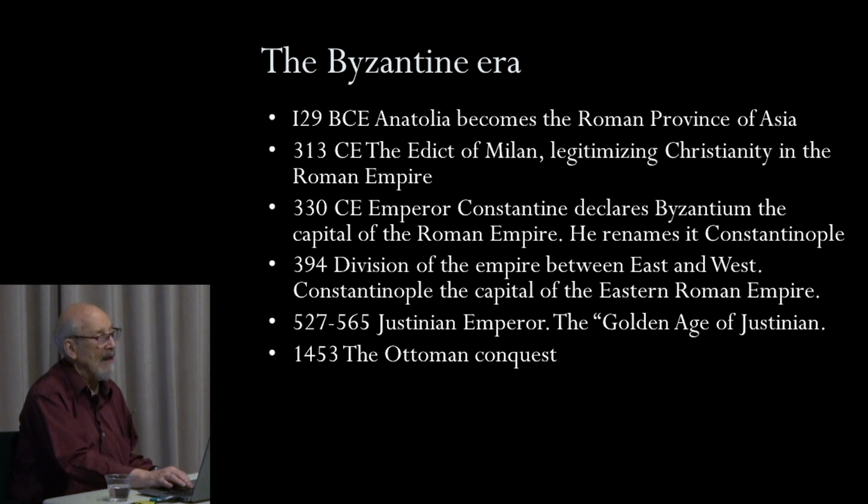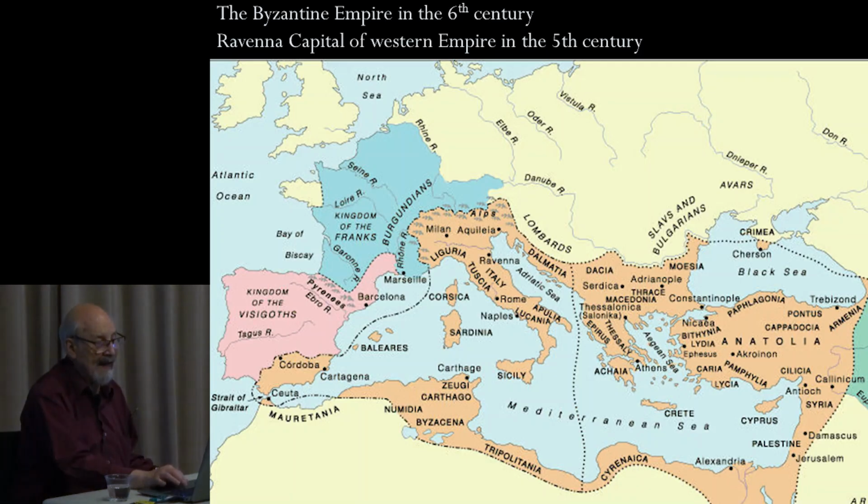Constantinople was the capital of the east, Rome the capital of the west. But as so-called barbarians came in and devastated Rome, the capital was removed first to Milan and then to Ravenna. And I'll show you where Ravenna is.